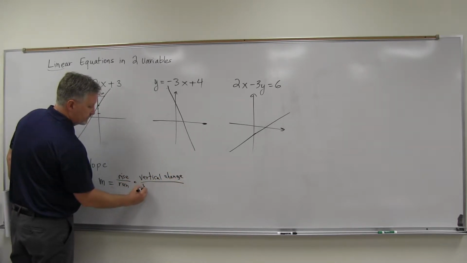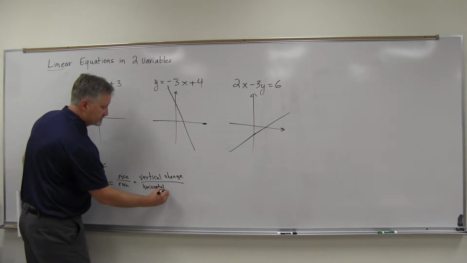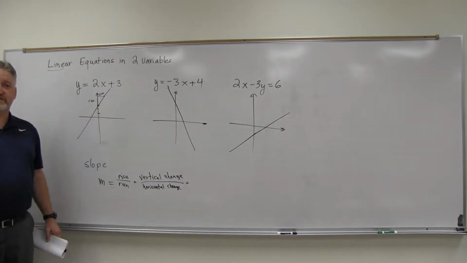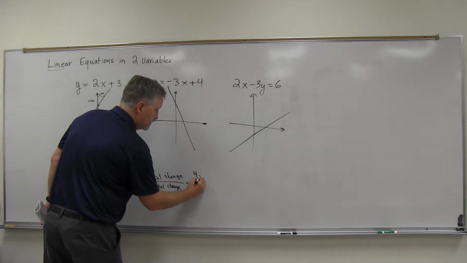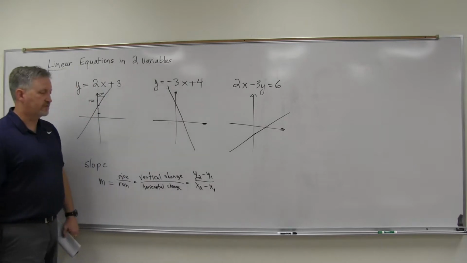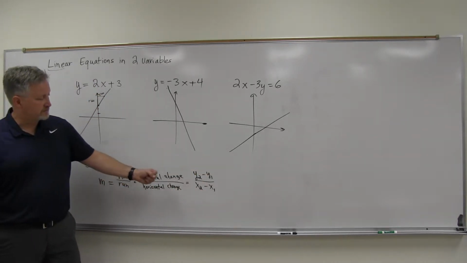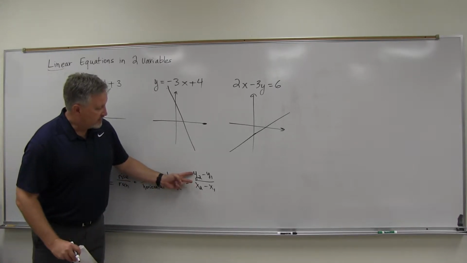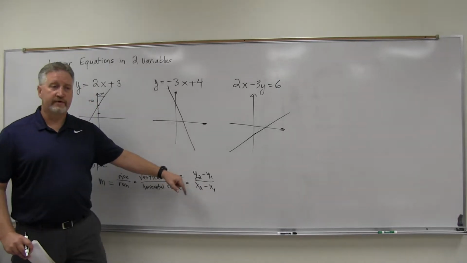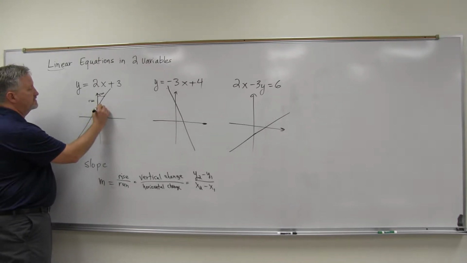What else do you know about slope? y2 minus y1 over x2 minus x1. There's a slope formula, isn't there? It's the difference of the y's over the difference of the x's. y2 minus y1 over x2 minus x1 is usually the way that we designate that. But that's just between two points, the slope between two points on the line. x2, y2 is one point, x1, y1 is the other point.